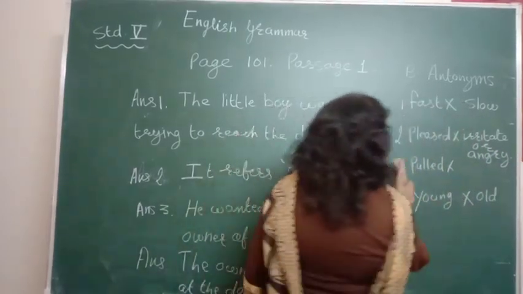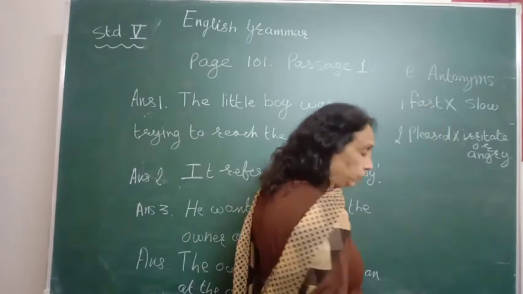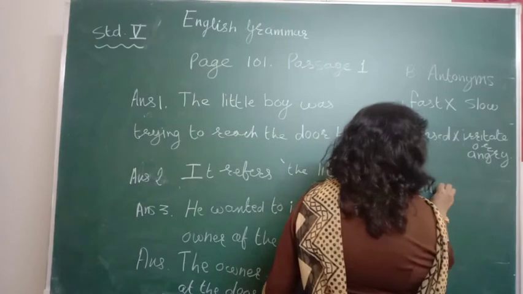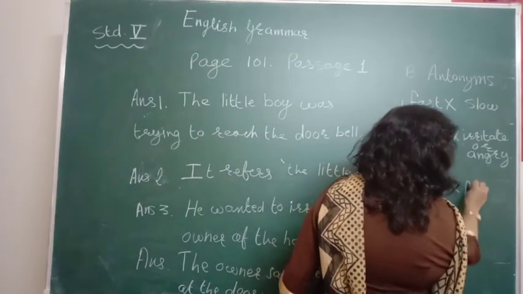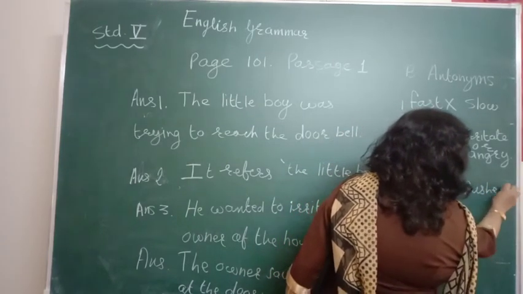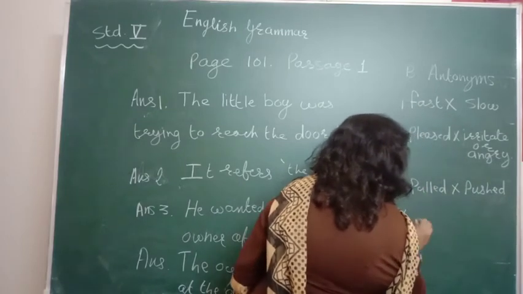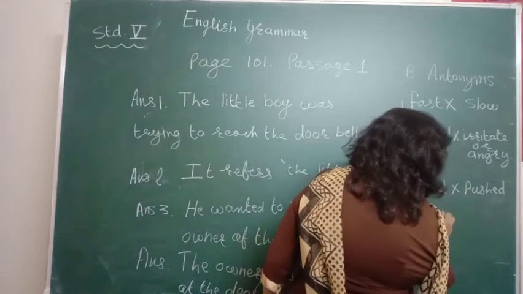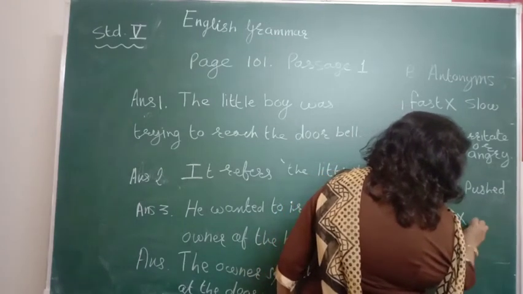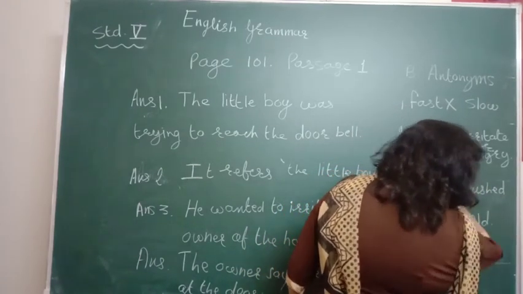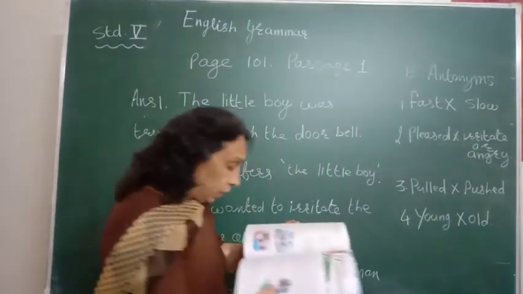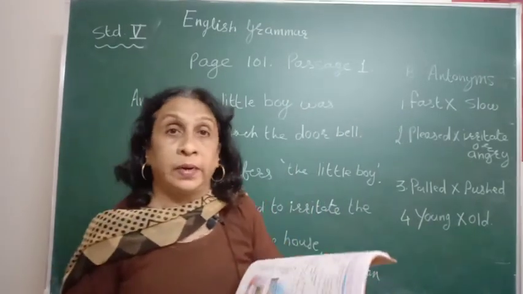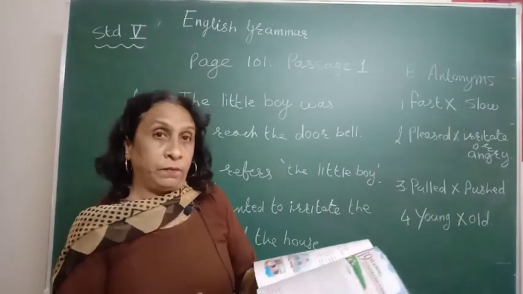Third is pulled or pushed. Fourth one is what? Young and old. Okay. Now the third one, C, you have to write this in the textbook itself.